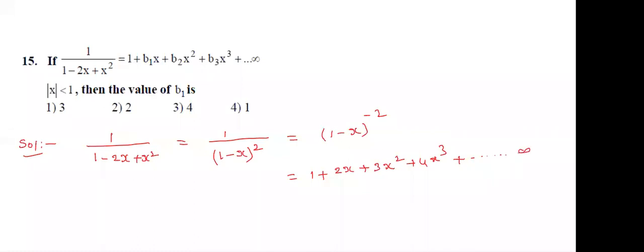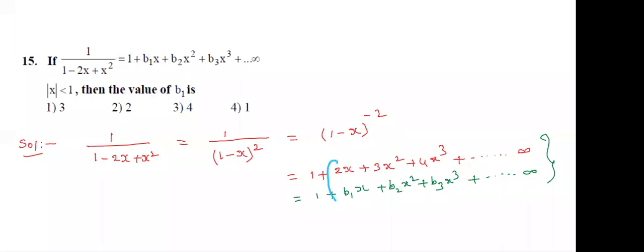Already the expansion is given. What is that? 1 plus b1x plus b2x square plus b3x cube plus and so on, infinite. This is already given. By comparing this, identify the answer. What are they asking? The b1 value.